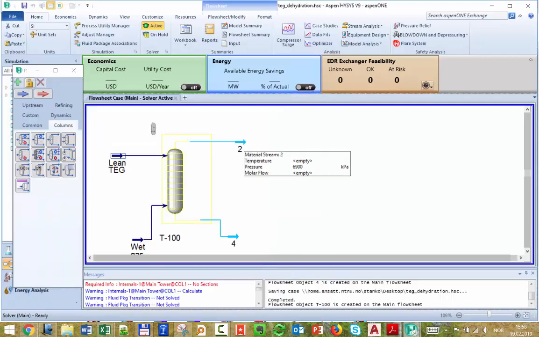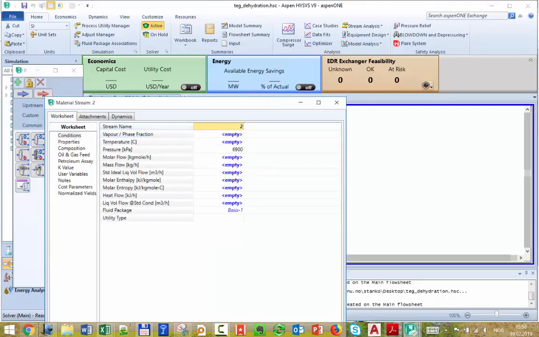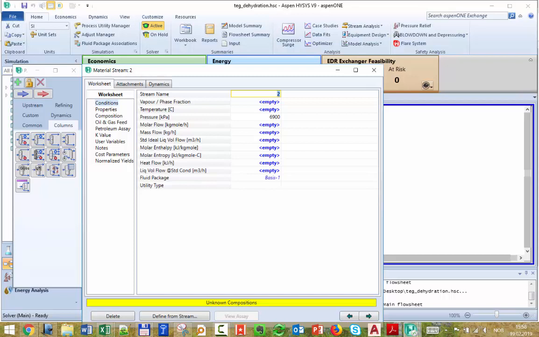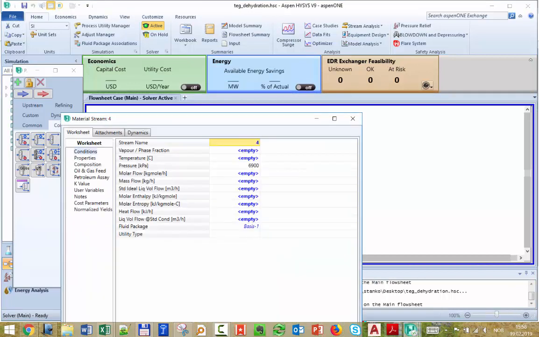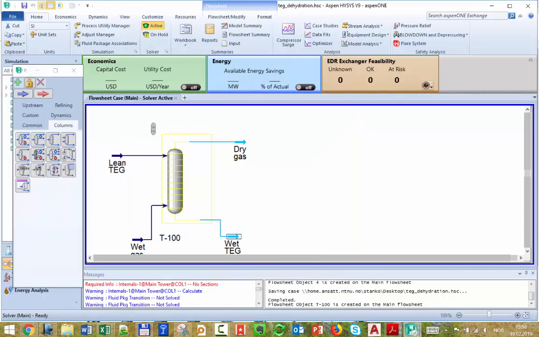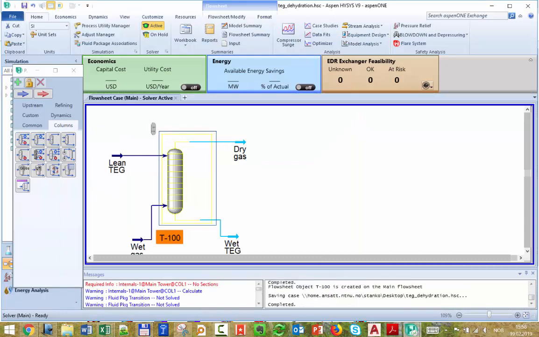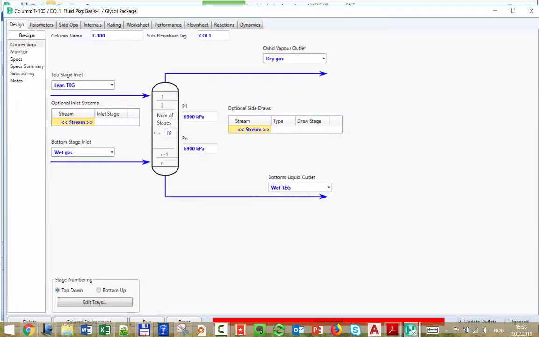Then we have number 2, that will be the dry gas. Finally we have number 4, which is the wet TEG. To run it, I enter into the column and then I click run.